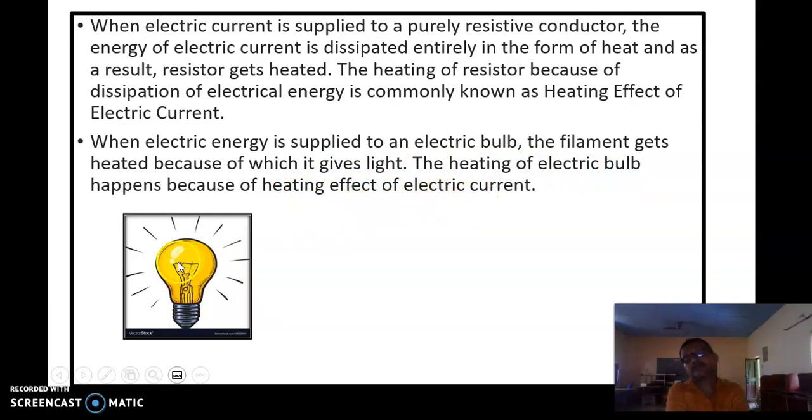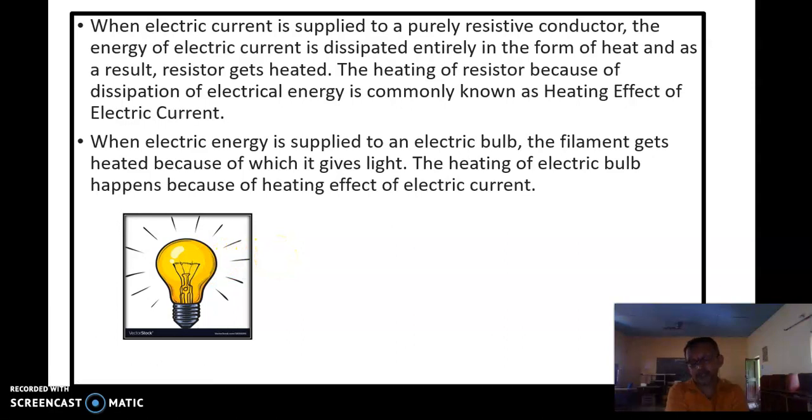Here the filament is in the form of a spring, because you know that as the length increases, the resistance of the conductor increases. Therefore, to increase the resistance, the filament is in the form of a spring, and also very thin, because if it is very thin, the resistivity also increases.